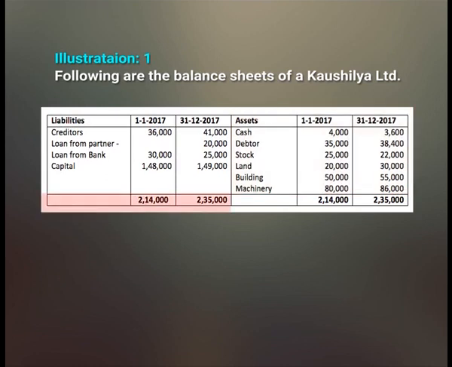So, the total of both sides, for the liabilities and the assets, is 2,14,000 for the beginning of the year and then 2,35,000 at the end of the year. For the assets also, in the beginning of the year, it is 2,17,000, which is the total, and 2,35,000 is the total for the end of the year.